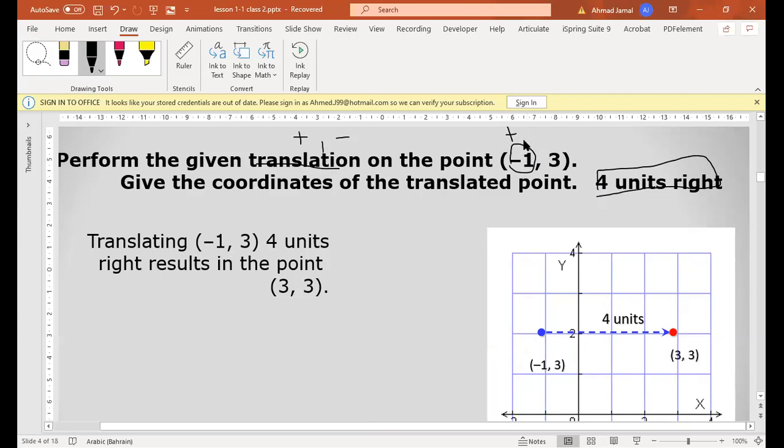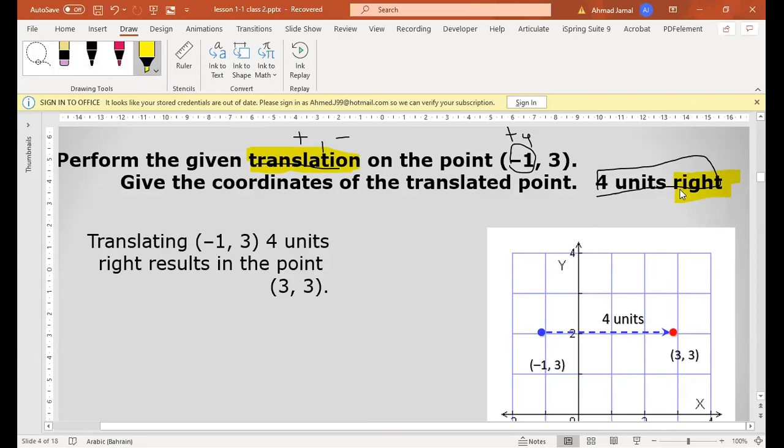I will repeat again the first idea, translation. I use a positive or negative sign, in which coordinate? In the x-axis. Add or subtract? Add. Why add? Because we move to the right.